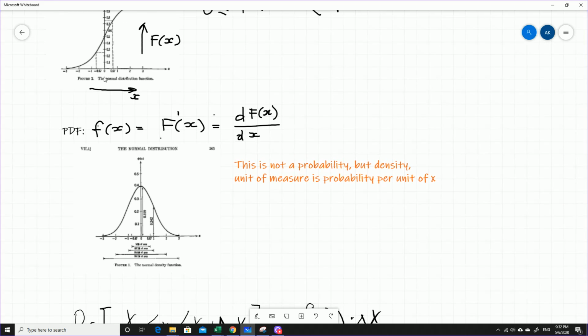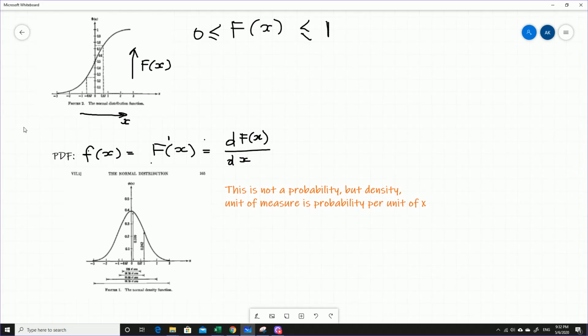Well, the PDF is a density of this probability. It's a slope. It's the first derivative of the cumulative distribution function. And that is why, look at this: in the numerator you have probability, and in the denominator you have x, your variable. So if your x is in kilograms, then your density will be measured in probability per kilogram.